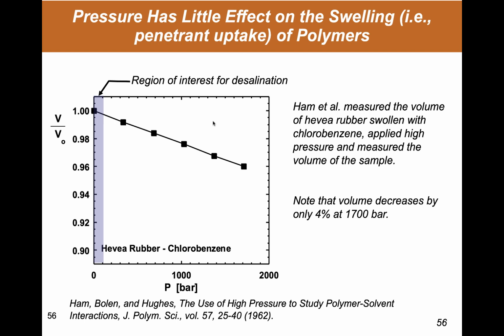We can take this back to the applications in water by replotting Ham's data as shown here, and noting that for desalination the region of interest would never be greater than about 100 bar or so, and so one would expect, based on the data we just saw, that there'd be incredibly little change in the volume of penetrant uptake by the polymer over this very narrow pressure range.